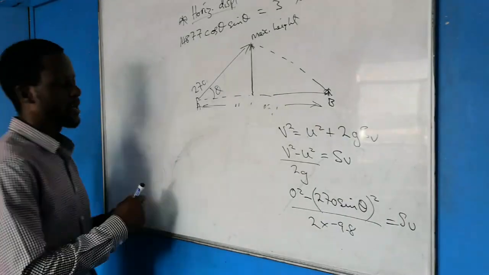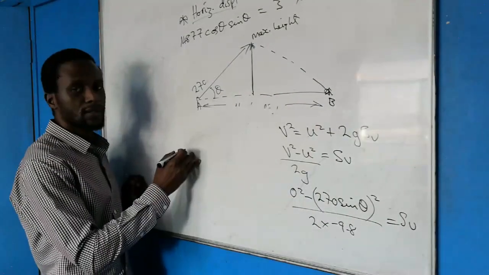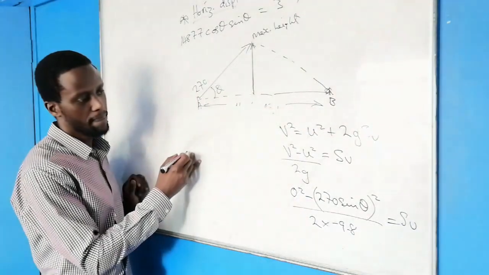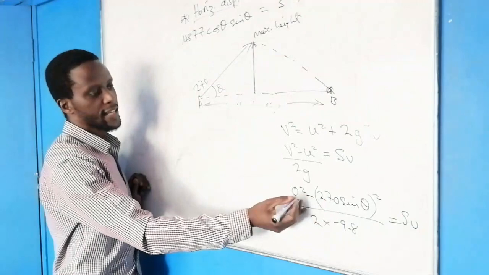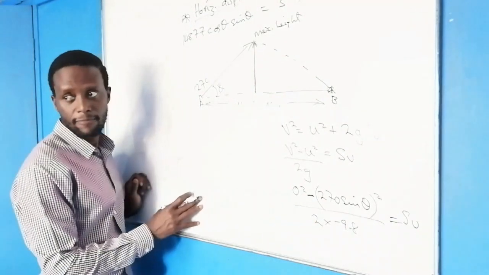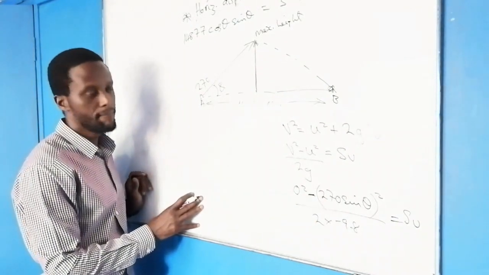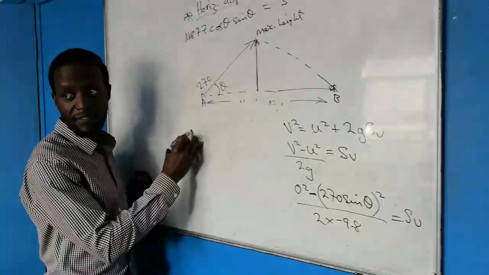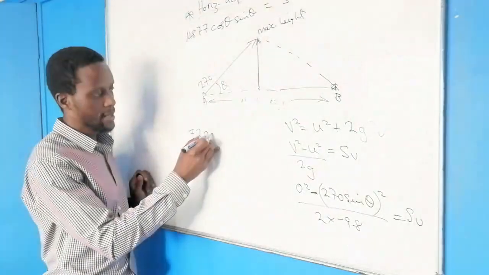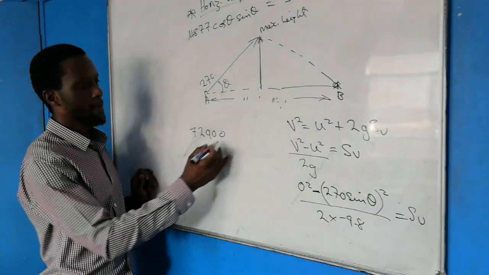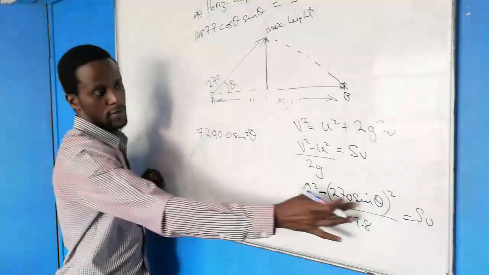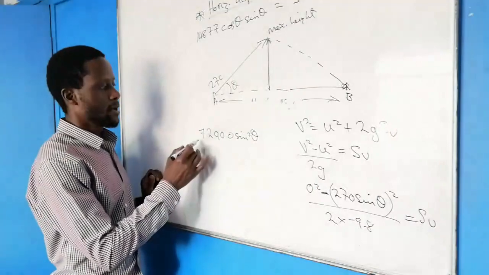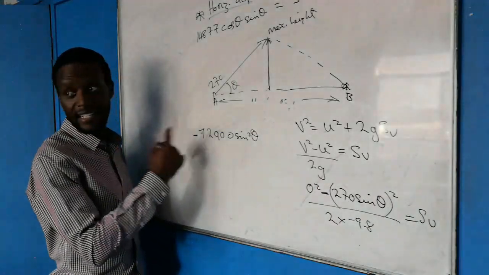Square of 270 is how much? Do not square the negative. Just 270 squared is 72900 sine squared theta. That negative remains.